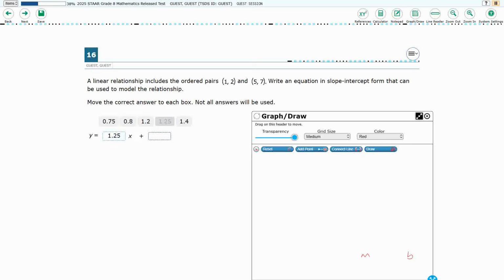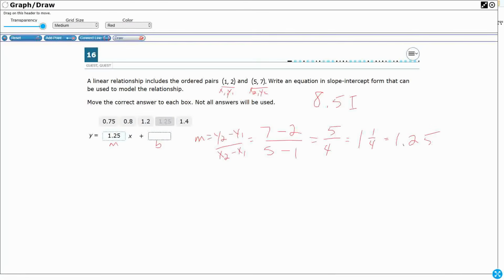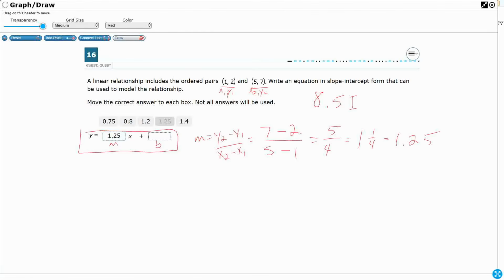Now I need to find the b. How do I find the b? Well, the second equation is simply the slope-intercept form. We're going to substitute in one of the values of x and y. I suggest using that one. Numbers are smaller. Always use the easiest numbers possible. Let's plug those in. I'm going to plug in my 2 for y, and my 1 for the x.